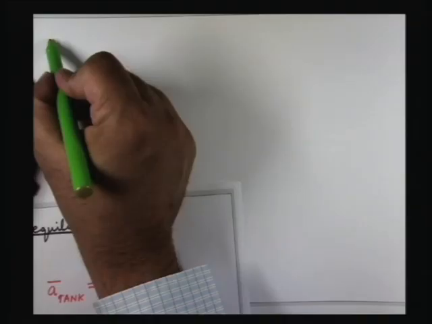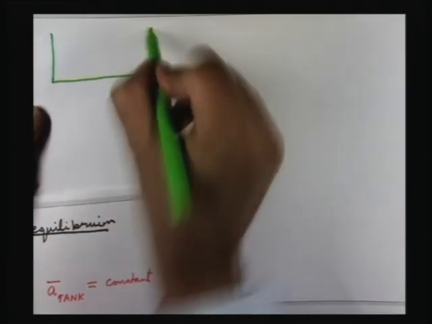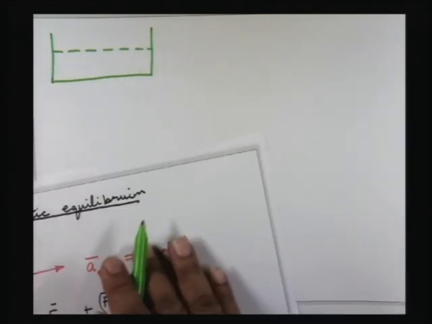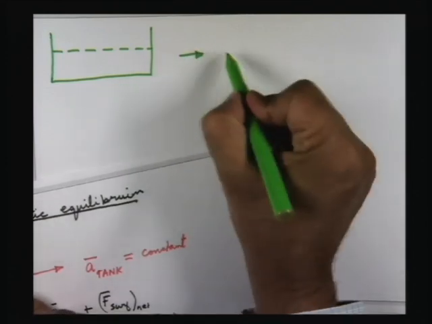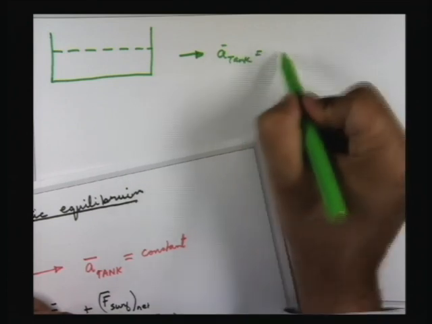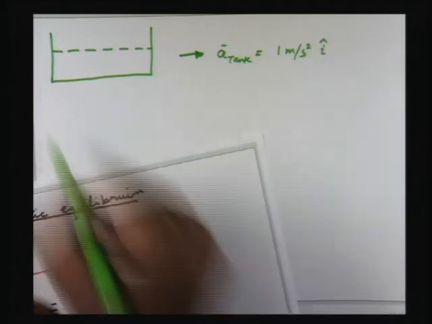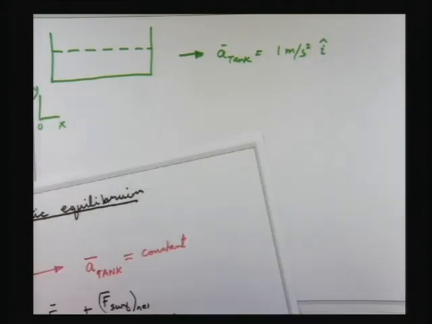So I'll draw that figure again, this side, and I'll show by dotted lines the level of the liquid when the tank was at rest. Now let us say the acceleration of the tank here is, say, 1 meter per second squared into i. We have a stationary coordinate system here, xy.